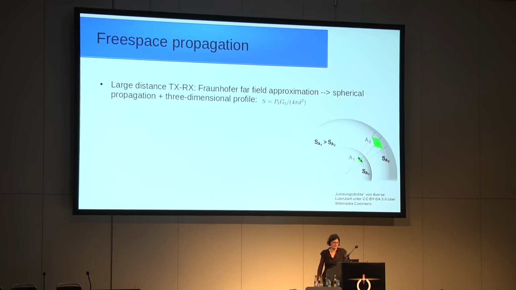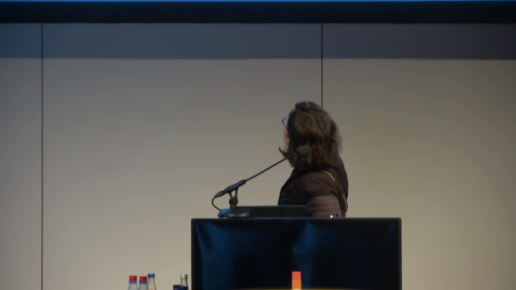And at the same time, the density drops inversely proportionally. So this behavior is the 4πd² in this part. And then we have the three-dimensional profile coming from the antenna pattern. So on the whole, this becomes quite easy for propagation.